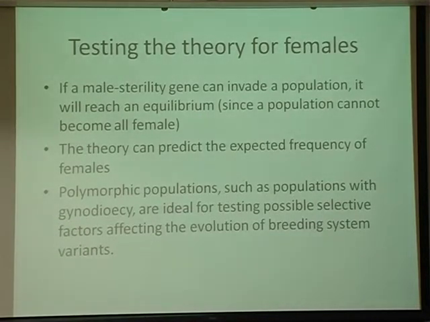Unfortunately, many of them are not suitable for testing this nuclear gene theory because they are gynodioecious species with females and hermaphrodites due to cytoplasmic male sterility. So we have to do genetics and determine that a species we'd like to test the theory on is really segregating for a nuclear male sterility factor. And there aren't many, but there are some.